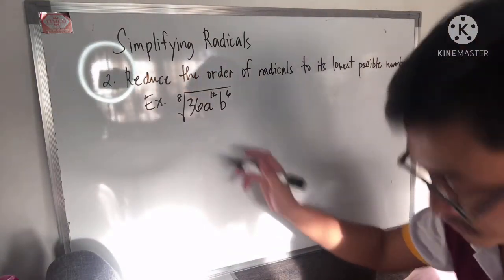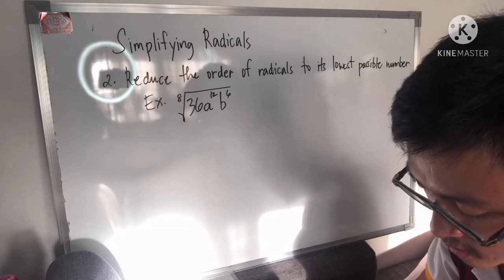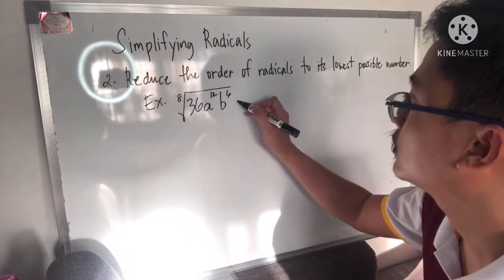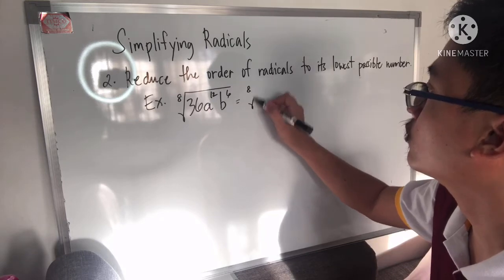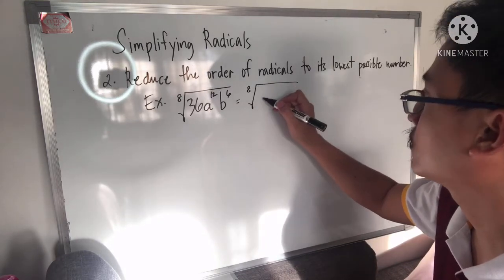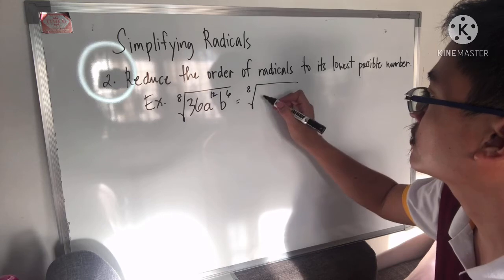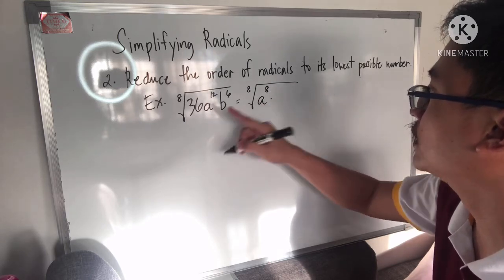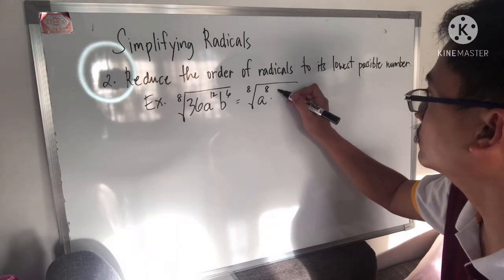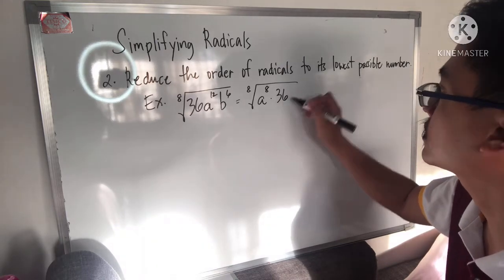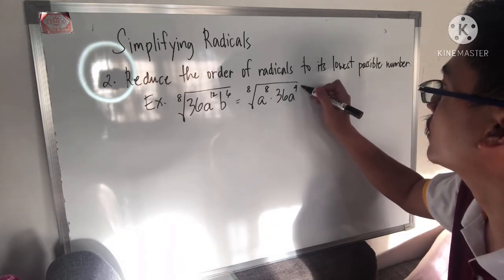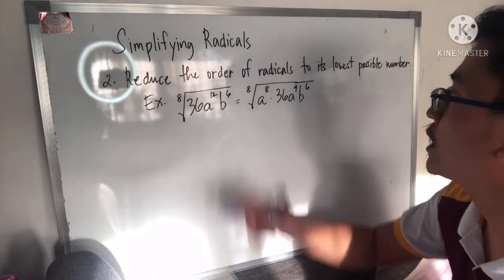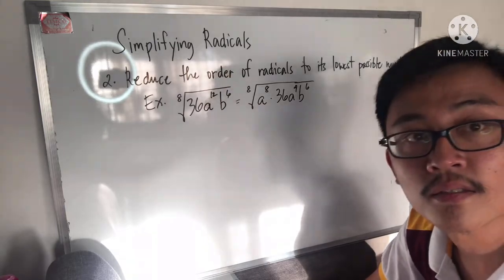So, how is that? Let's take it first. That is the 8th root of, let's go to the a. A to the 8. Then what remains is 36 a raised to the 4th b raised to the 6, so we can bring out the a.